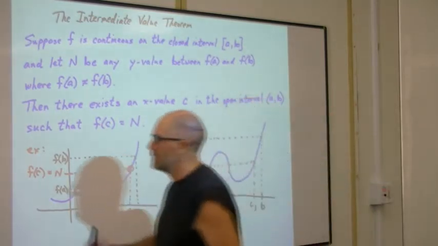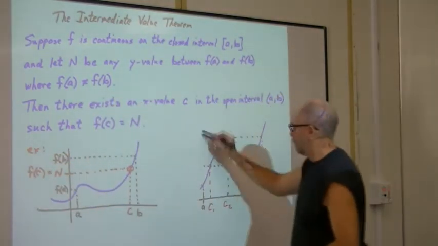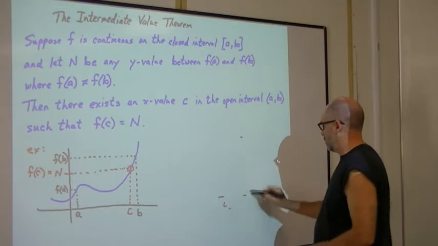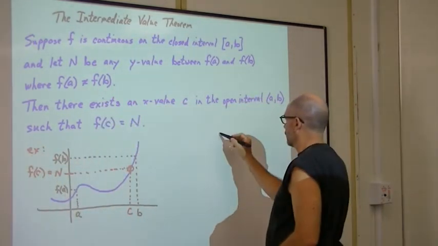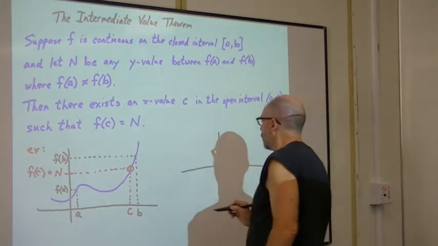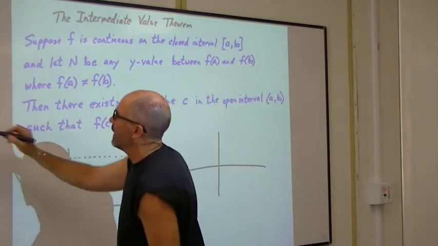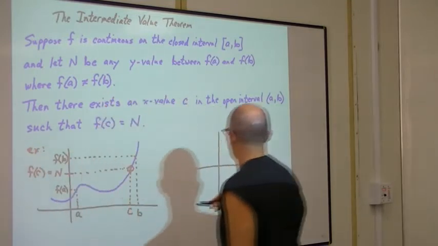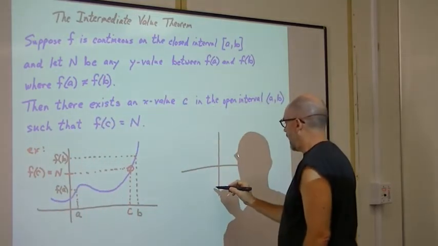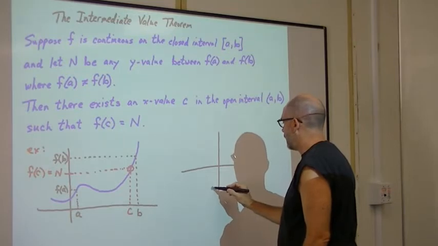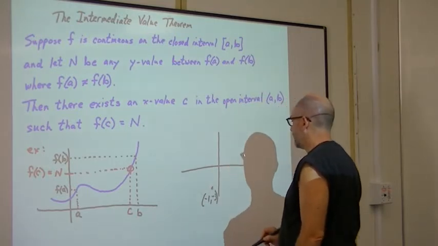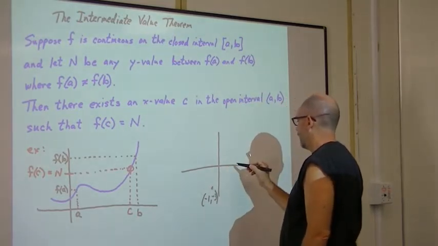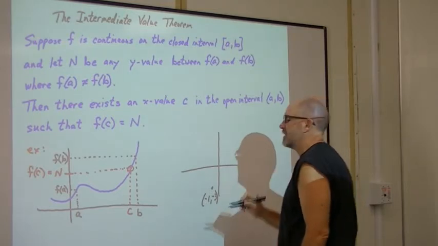So let me just show you that example. We're looking for zeros, and we find out that f of negative 1 equals negative 3. And, let's not use negative 1.